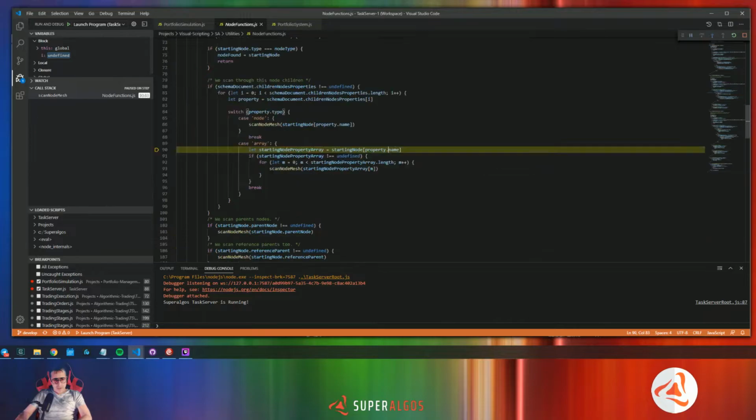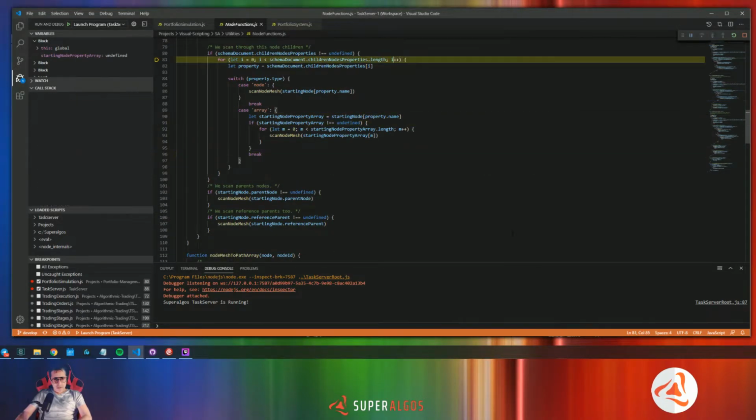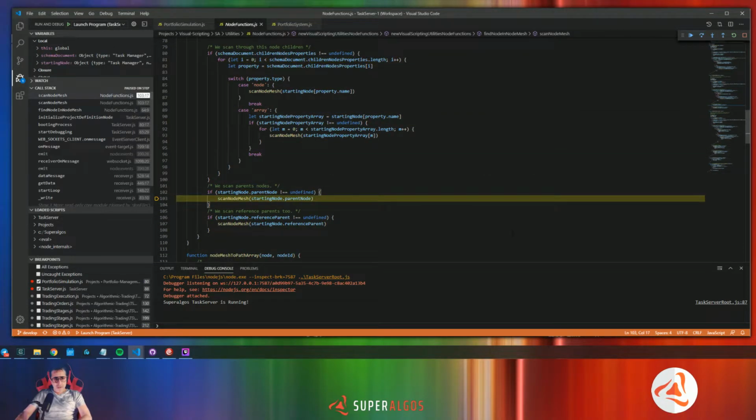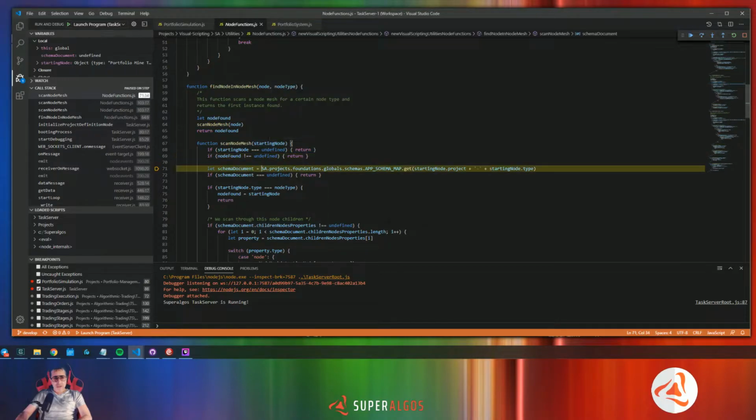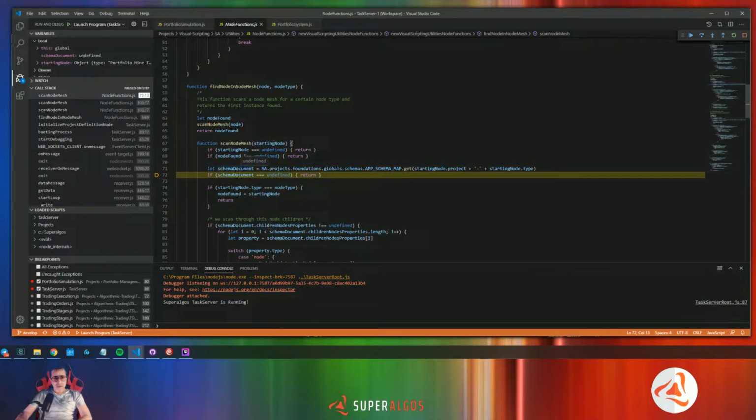Okay, the task manager is there. Then Portfolio main tasks. Portfolio main tasks is undefined. Why?